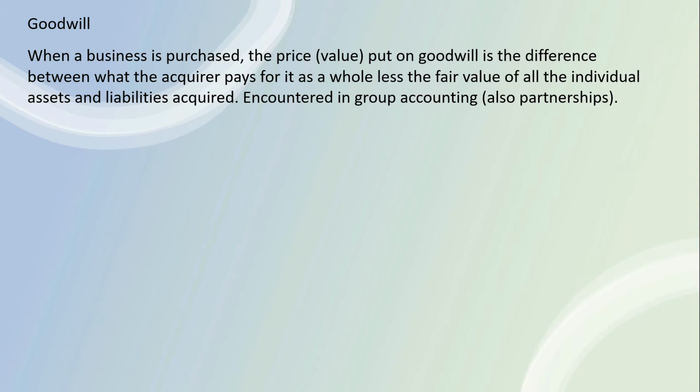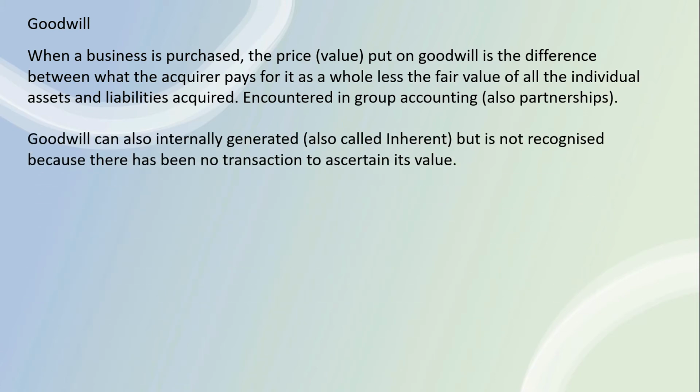The extra over the net asset of B, which is $2,000, is the goodwill. This is what you are going to learn in company accounts next year, or also partnership. So this year you just need to know that goodwill can also be internally generated or inherited.